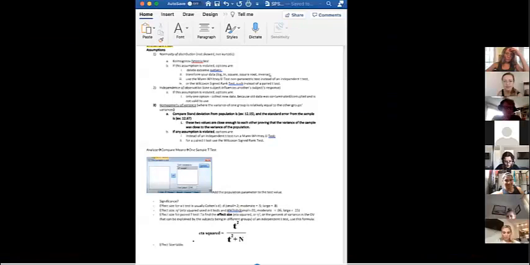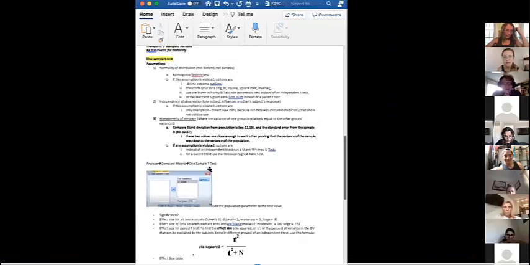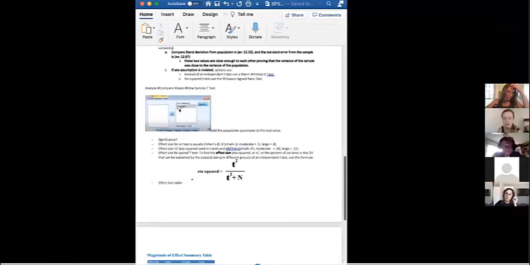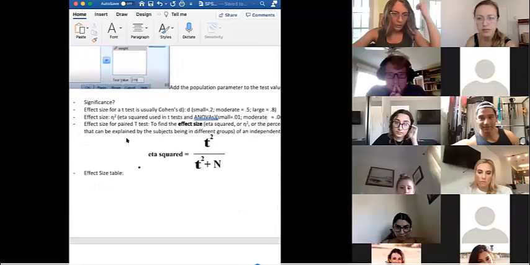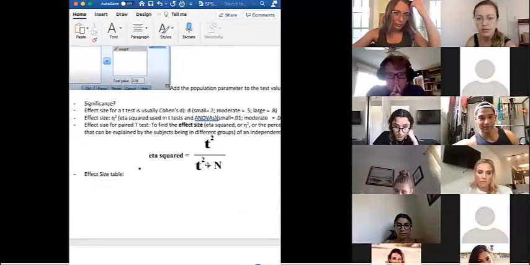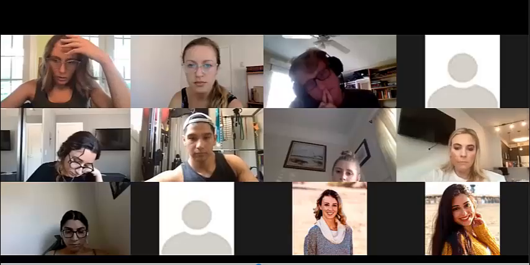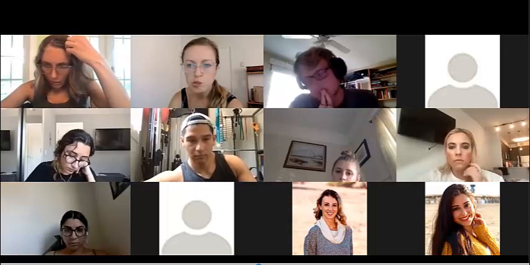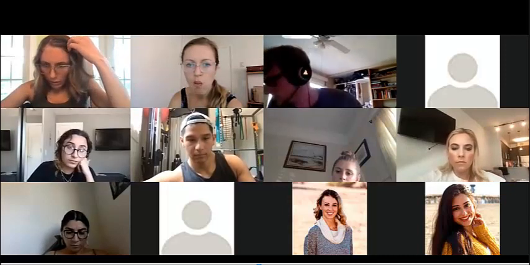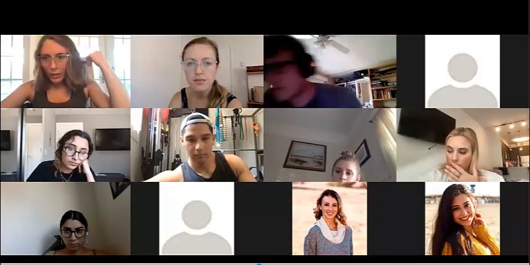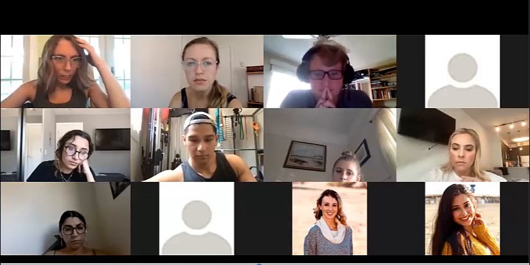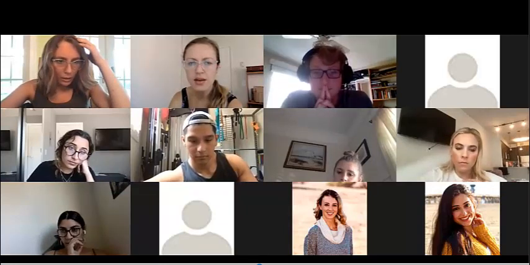I'm jealous. So here is the one sample t-test, and then to get the eta squared, you have to do the t value squared over t squared plus n. Kat, I saw that too on the sample thing, and I had to scour how to hand calculate that. Yeah, I found it on Hawk. I don't think you need to hand calculate that though.